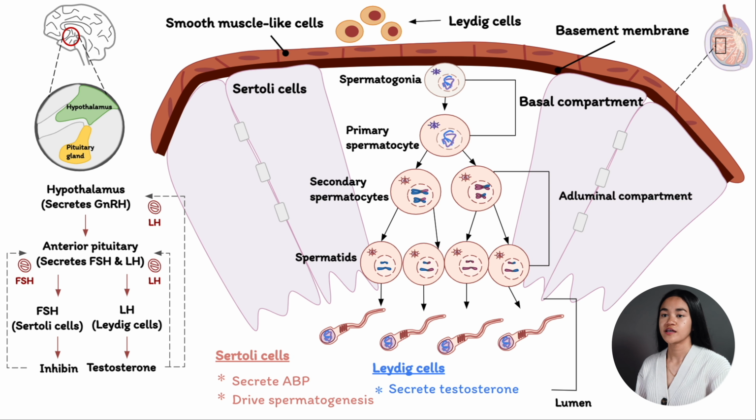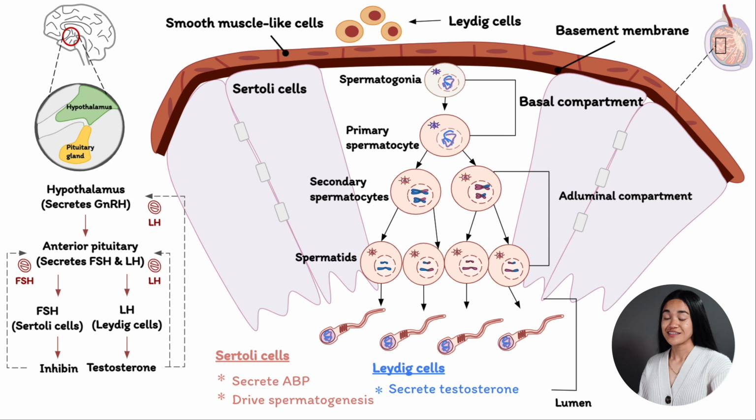And when FSH decreases, remember that FSH acts on Sertoli cells, so this is going to decrease ABP, which binds to testosterone to help maintain testosterone concentration. And testosterone is required to drive spermatogenesis. So when testosterone levels decrease, spermatogenesis decreases. And that is the hormonal control of male reproductive function and how testicular hormones exert negative feedback effects.